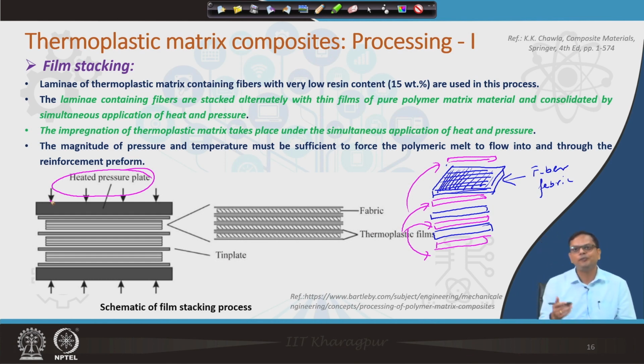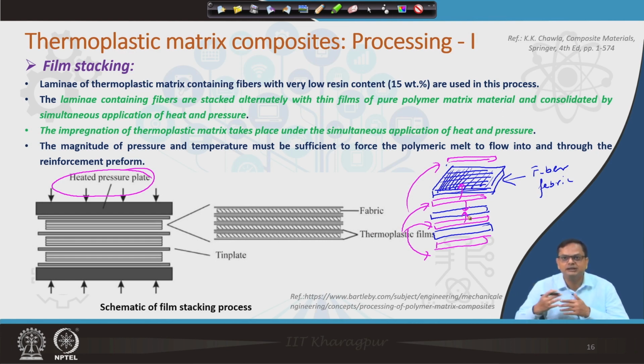Now, heating leads to flowing, or the viscosity of this thermoplastic material goes down, and then there will be penetration of the thermoplastic material inside the fiber pores. So, the fabrics are basically loosely woven fibers, right.